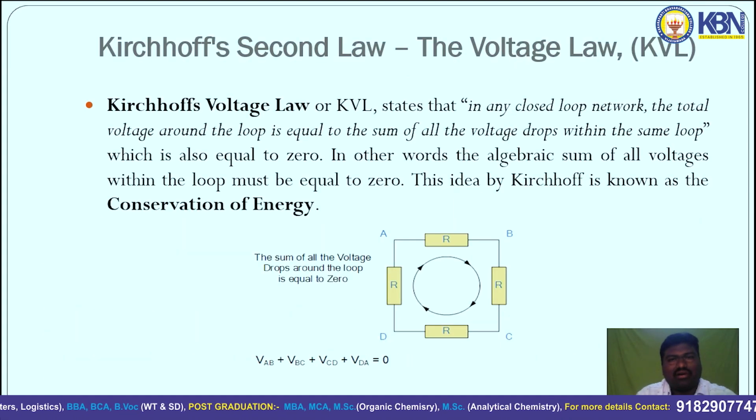One more law is called voltage law. It is also called Kirchhoff's second law. The KVL states that in any closed loop network, the total voltage around the loop is equal to the sum of all the voltage drops within the same loop, which is equal to 0.